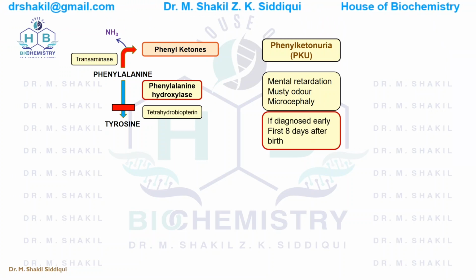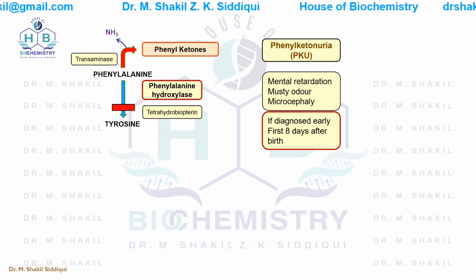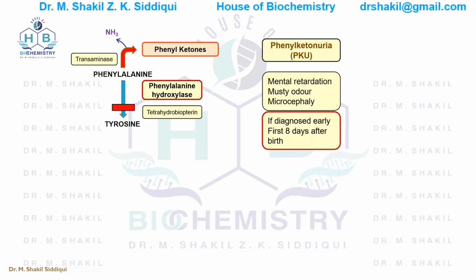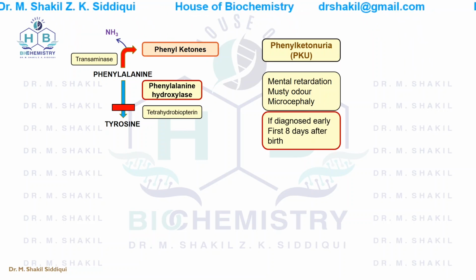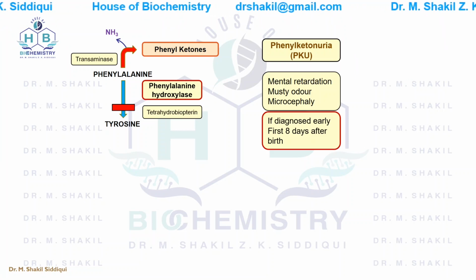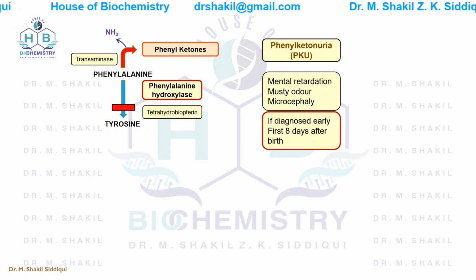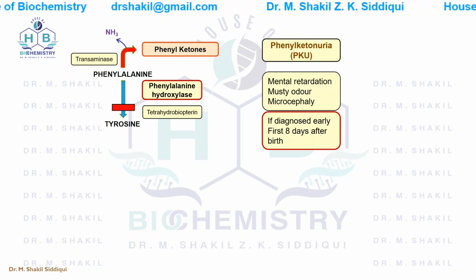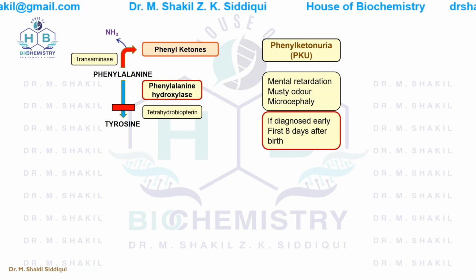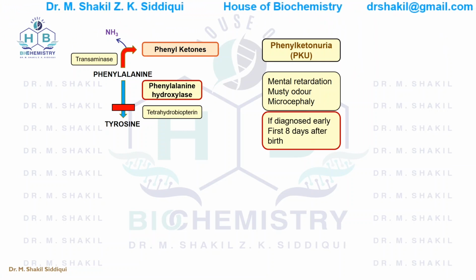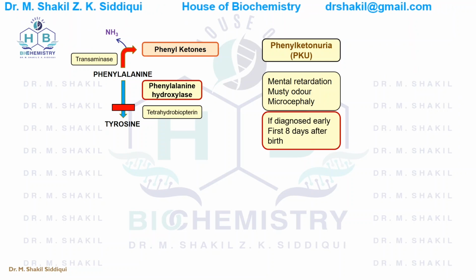It is not no phenylalanine, because phenylalanine is an essential amino acid and it cannot be synthesized in the body. It has to be present in the food for normal growth. So we provide a diet low in phenylalanine. This diet is advised for the first 10 years of life.